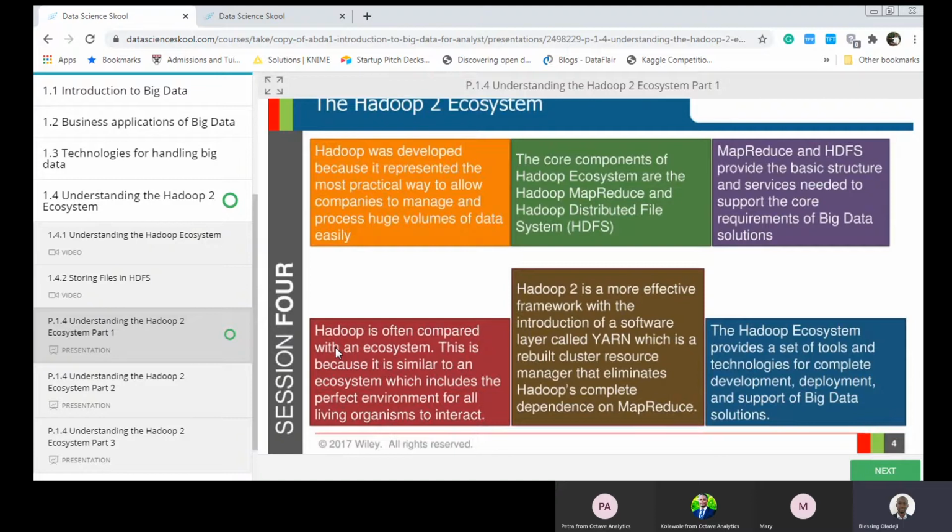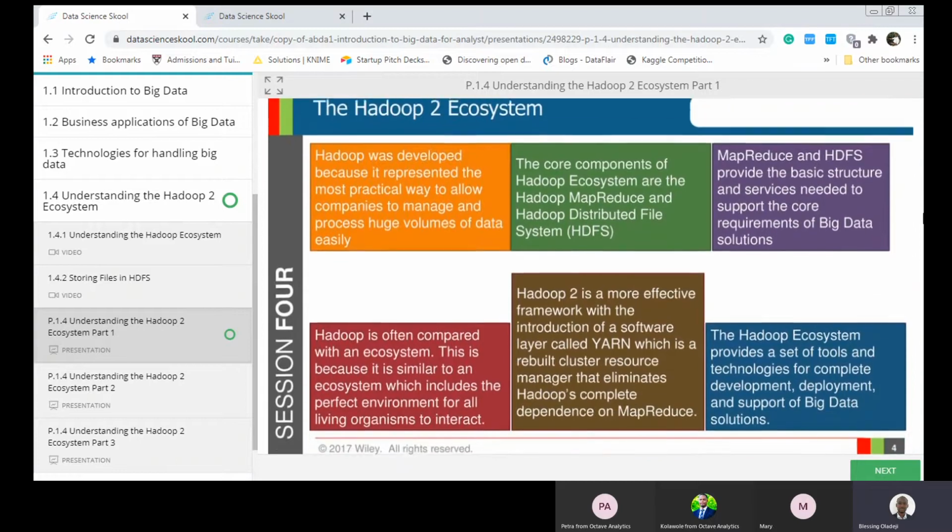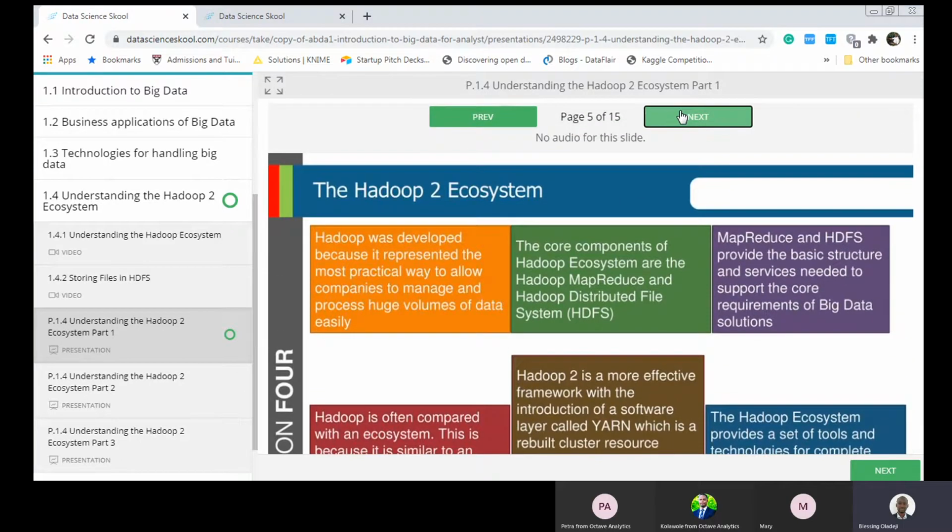But they then went ahead to build a component that manages every other aspect of the Hadoop ecosystem, which is called YARN. So again, it's an ecosystem because it's a collection of multiple things all together.